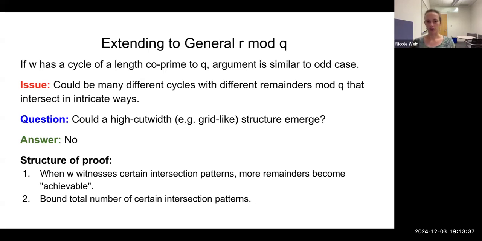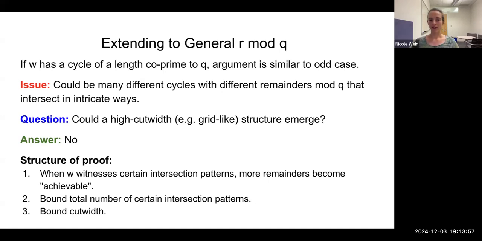And because certain intersection patterns mean that the number of remainders that you can achieve is increasing, you can only have so many of those certain intersection patterns. That's what we show at a high level. And then lastly, the final goal is to bound the cut width and then use dynamic programming.